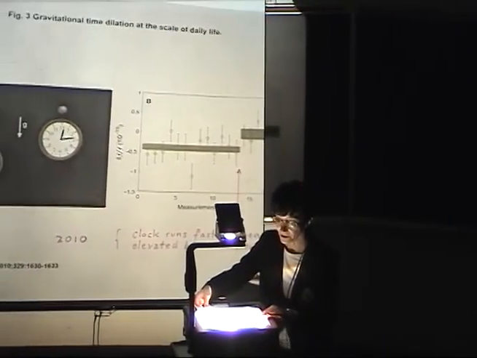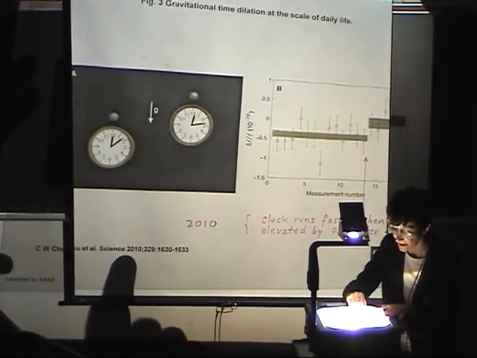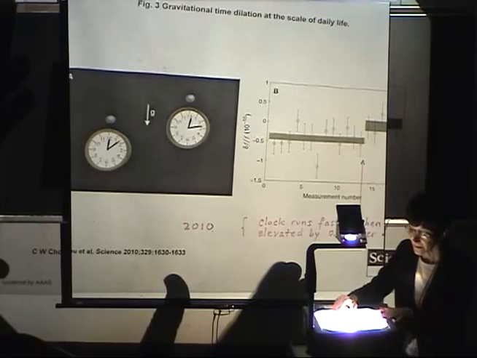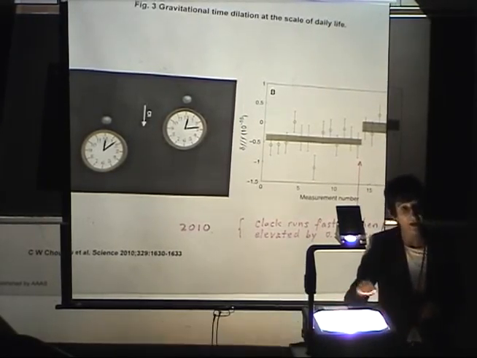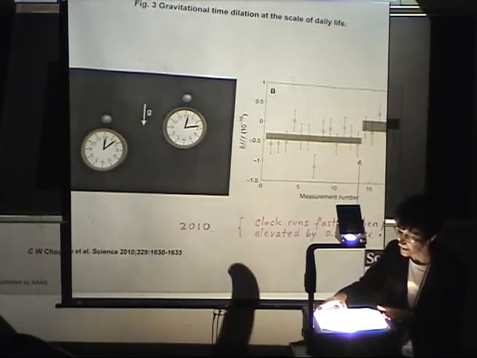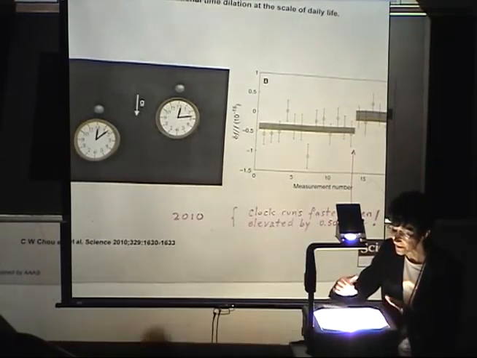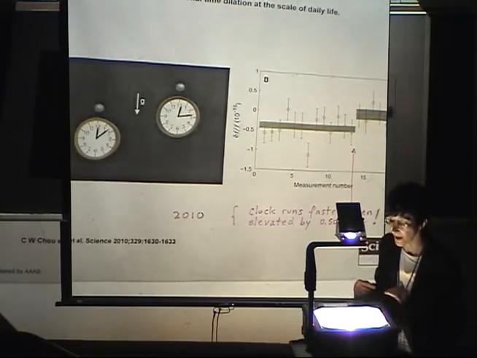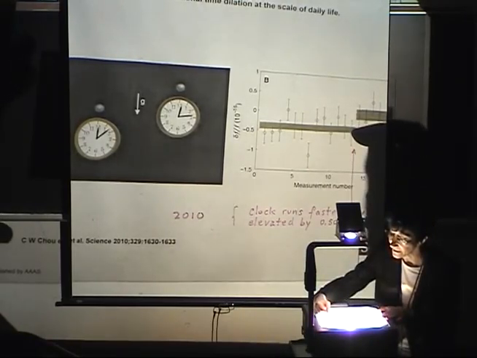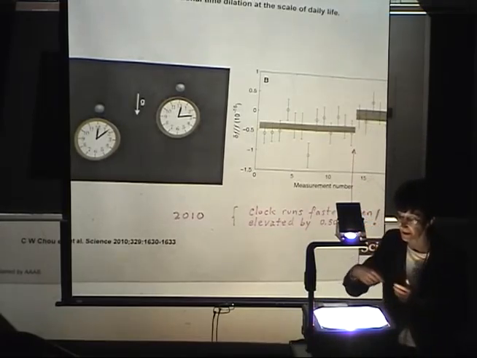And in 2010, one can measure, and here you can see the reference, Chu et al., in Science, 2010. Gravitational time dilation we can see at the scale of daily life. So here we can see the difference in frequency. This proves that clocks run faster when raised by a certain amount.